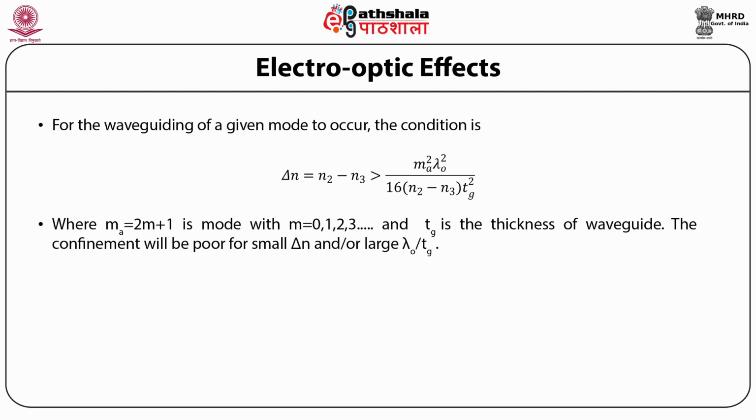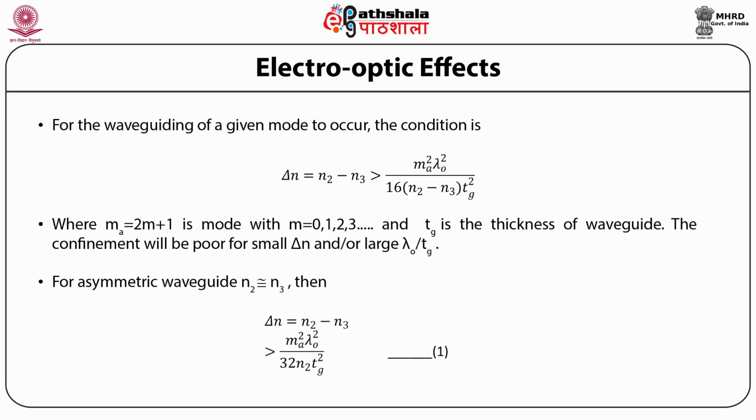T_g is the thickness of the waveguide. The confinement will be poor for small delta n and/or large λ_0/T_g. For an asymmetric waveguide, n_2 is approximately n_3, then delta n equal to n_2 minus n_3 greater than M_a² λ_0² divided by 32 T_g².